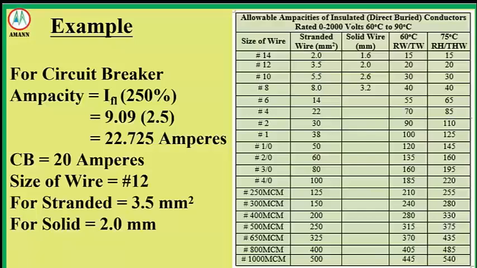will draw 9.09 amperes. Given this load, a 15 ampere circuit breaker may be sufficient, but a 20 ampere breaker is recommended to allow for additional capacity and prevent overloads.